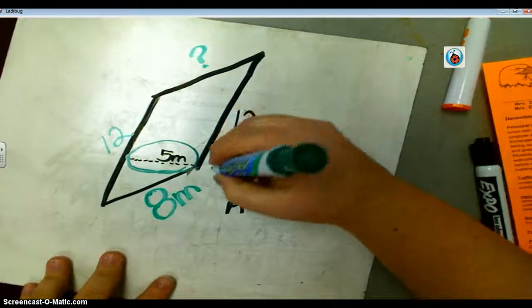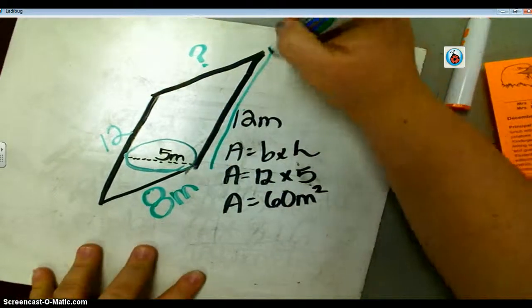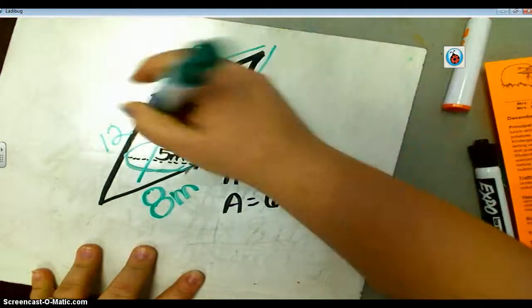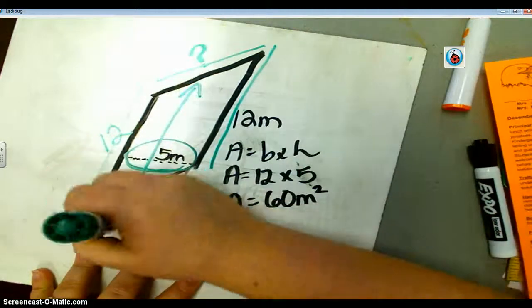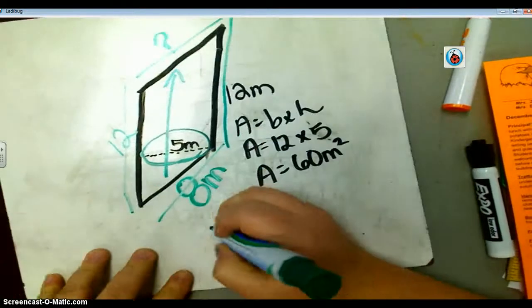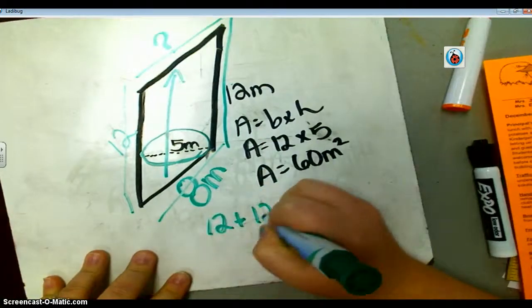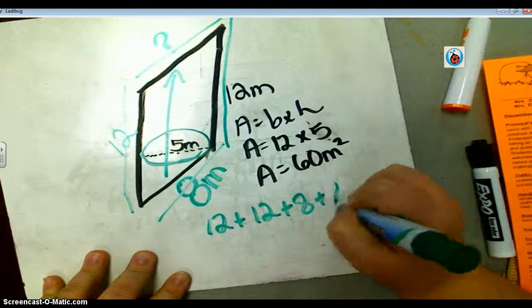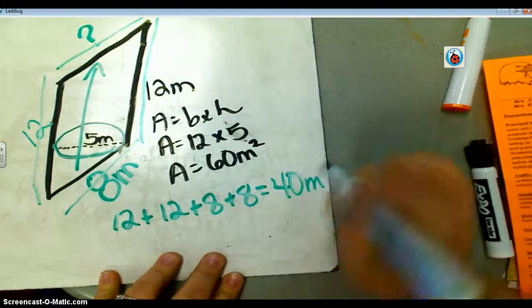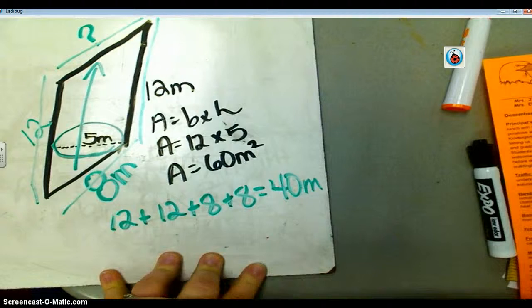No. Perimeter would be 12. Opposite sides are the same, so plus 8, plus 12, plus 8. 12 plus 12 plus 8 plus 8 equals 40 meters. Would that be squared?